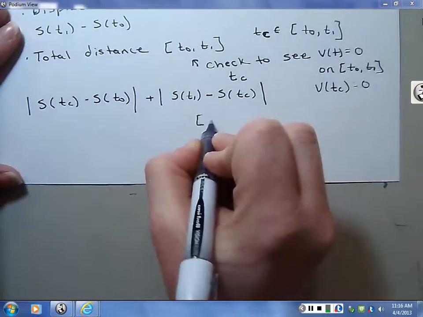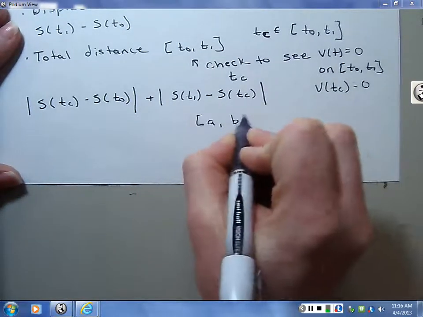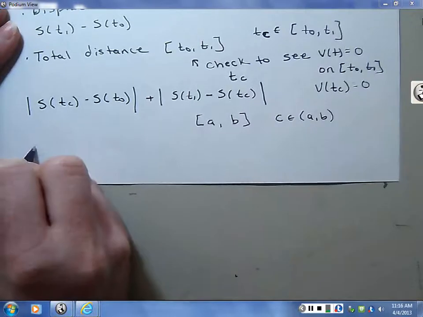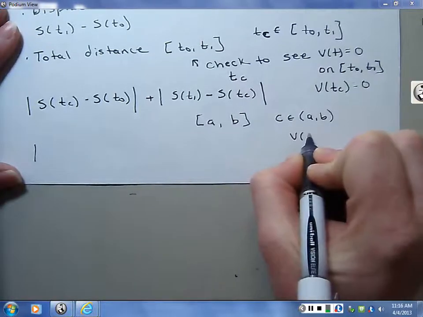Let's call this A, and call this B, and C is an element of AB. So this is where the velocity at C equals 0.